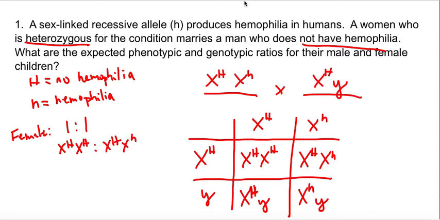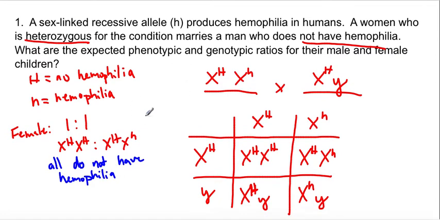And the question is, well, do any of the females have hemophilia? And the answer is all do not have it, because they all have at least one big H, one dominant allele.